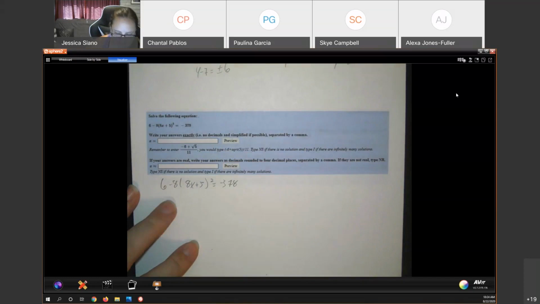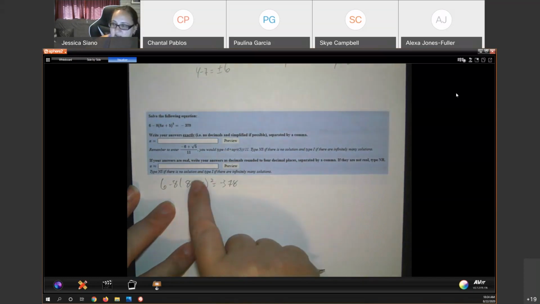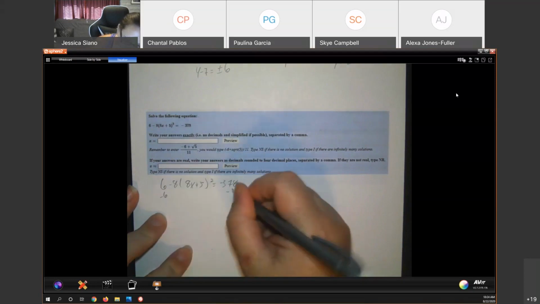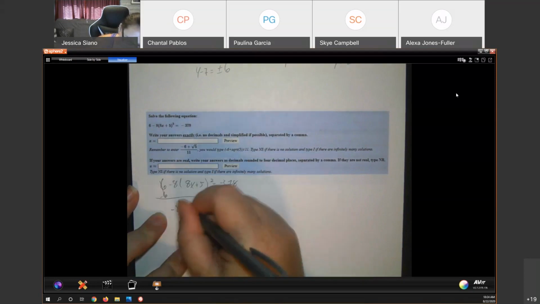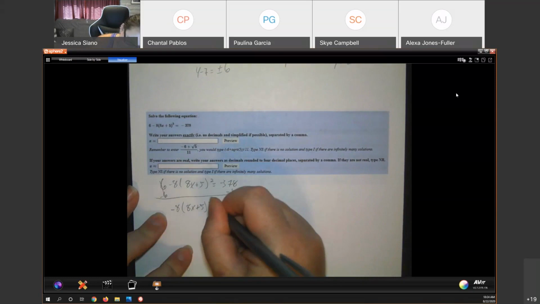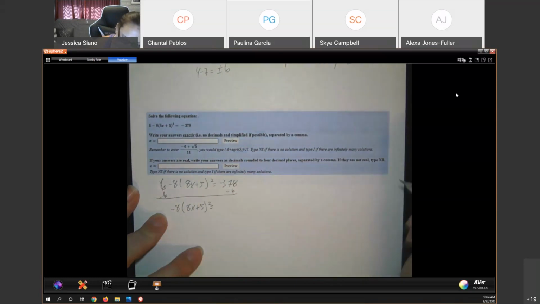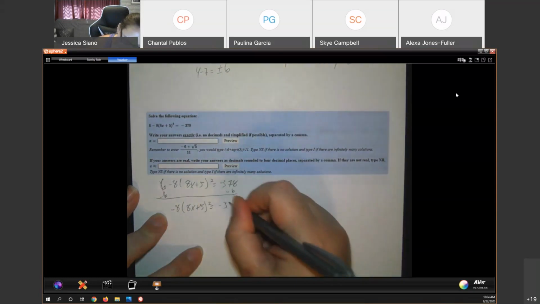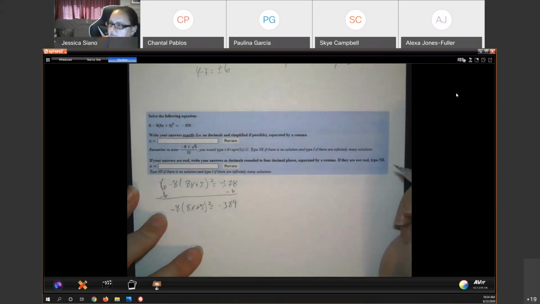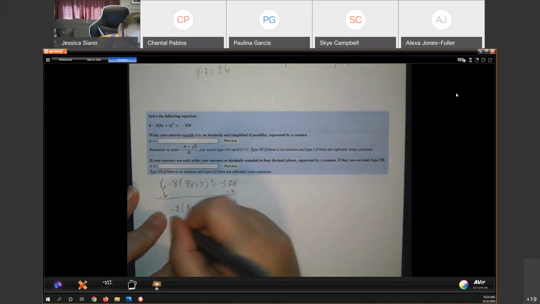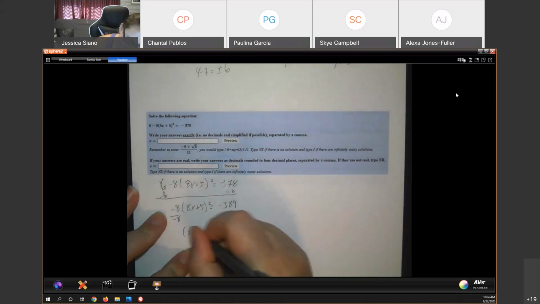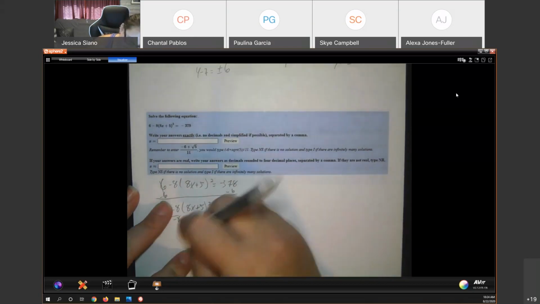So we're going to do the same thing here. We have to isolate this term that's being squared first. So let's subtract the 6. Divided by the -8.